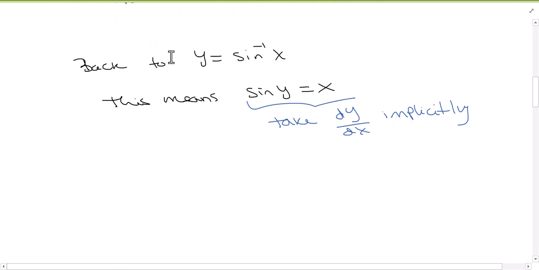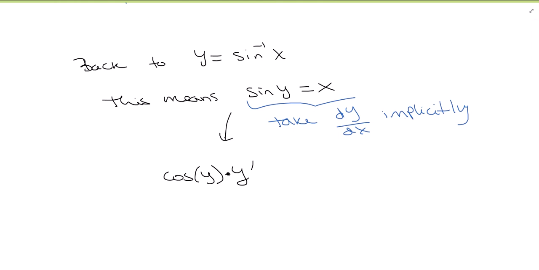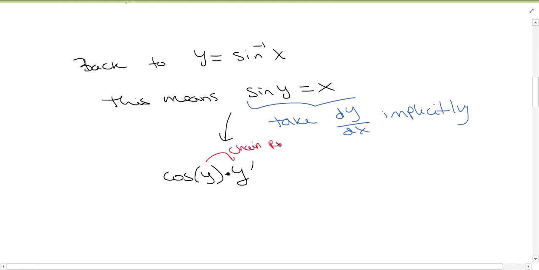Derivative of sine of stuff using our chain rule. The derivative of sine is cosine, so I'm going to have cosine of y times, by chain rule, y prime, because I'm taking the derivative implicitly. This is equal to the derivative of x with respect to x, which is just 1. And solve for y prime.